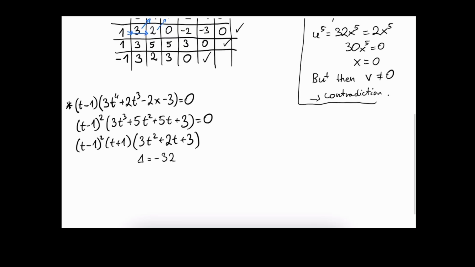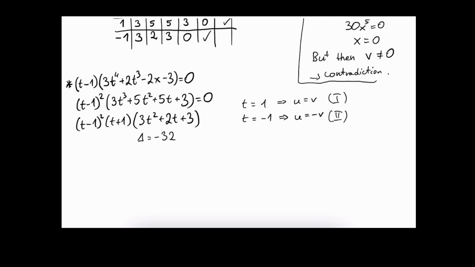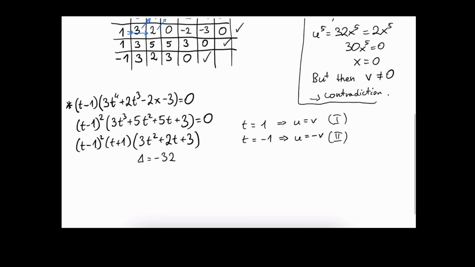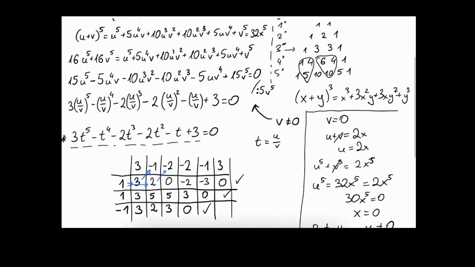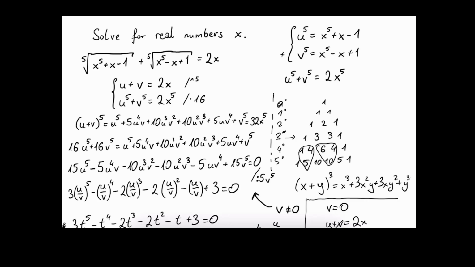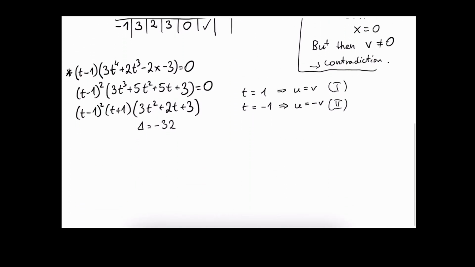So our only solutions for t are either t equals 1 or t equals minus 1. And let's check it. This is the first and second possibility. Okay. Either u equals v or u equals minus v.